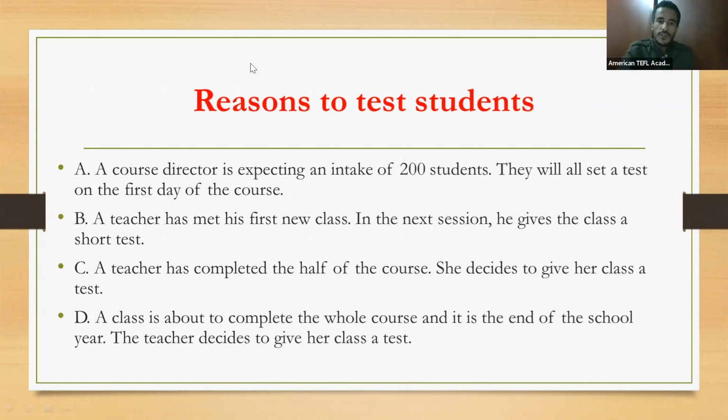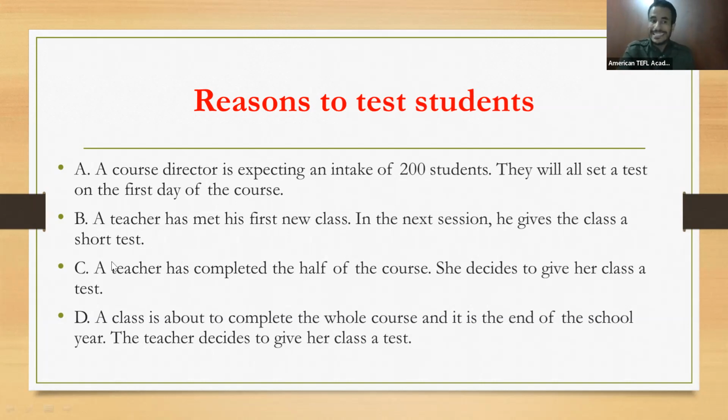Great, wonderful. So reason number one is a course director is expecting an intake of 200 students. So they will set a test. What do we call this test? So this is the reason. And B, a teacher has met his first new class the first time. In the next session, he gives the class a short test.